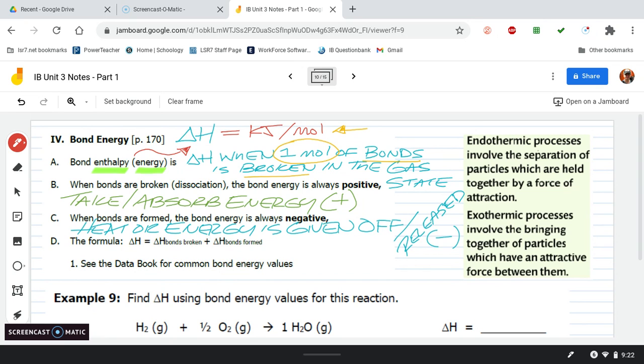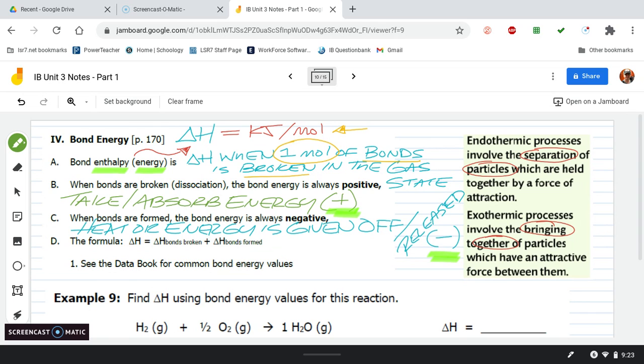So look at that, separation of particles. We're breaking them apart, so we stick the energy in when we're breaking them apart. And then it says exothermic involves bringing things together. They don't need all their energy. They're in a better place, and so they release energy. For you, it's more about the sign, the idea of negative sign versus positive sign.